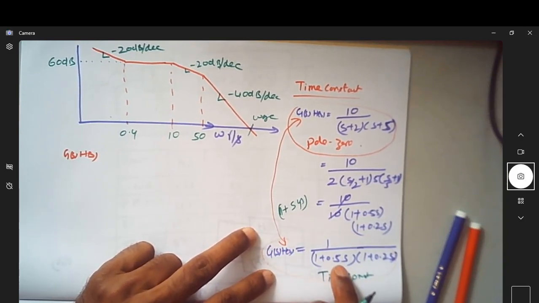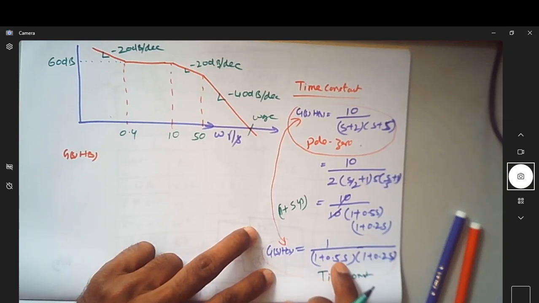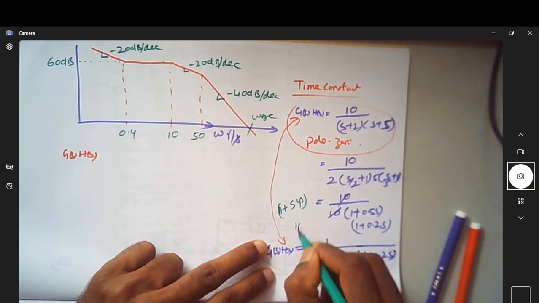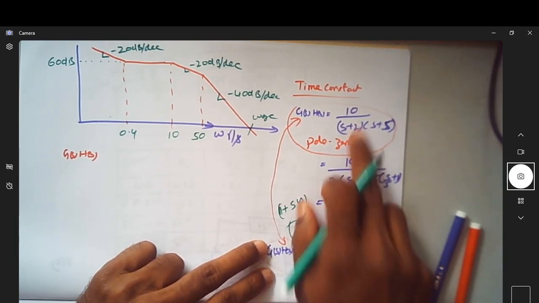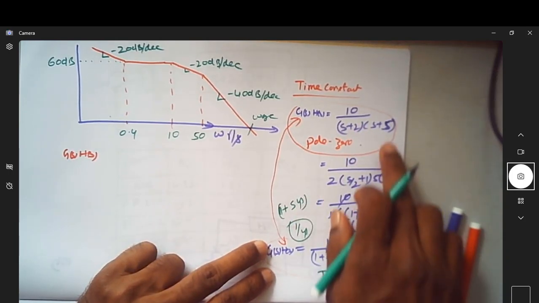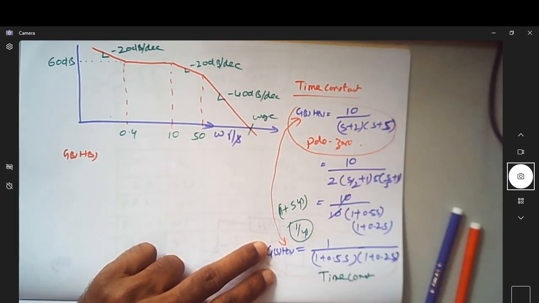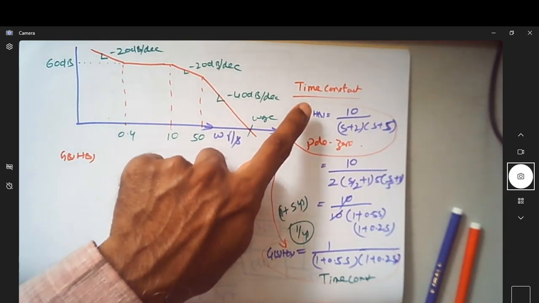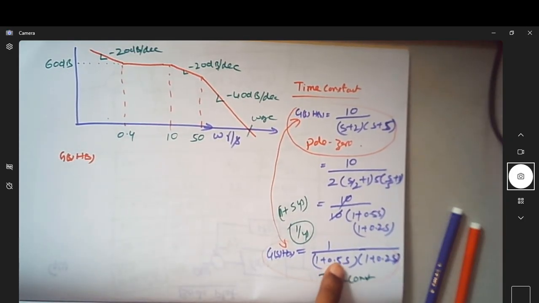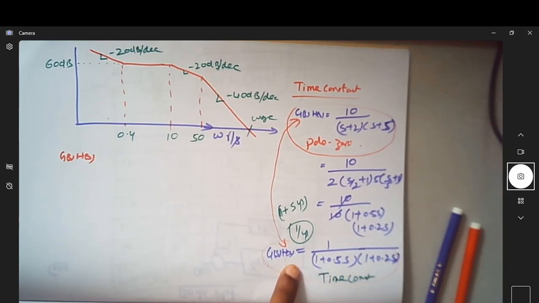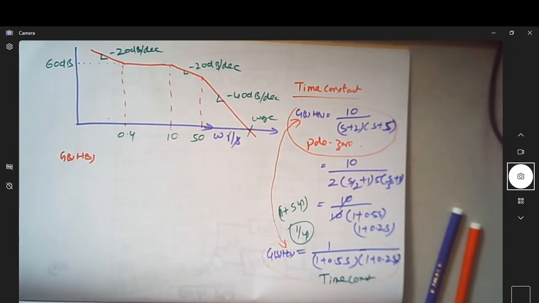We can exactly know the cutoff frequency of this, which is nothing but 1 over tau. So 1 over 0.5 is 2, and 1 over 0.2 is 5. So we exactly get the same transfer function in pole zero form from the time constant form. If I take 0.5 outside and 0.2 outside, I'll get back the same transfer function.